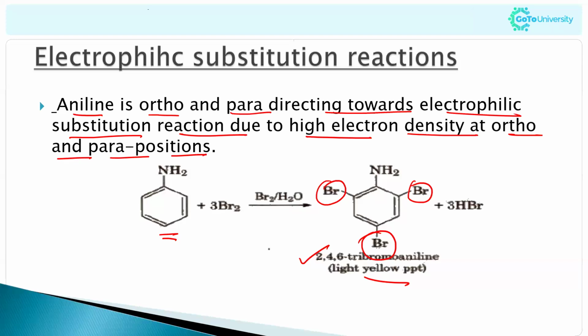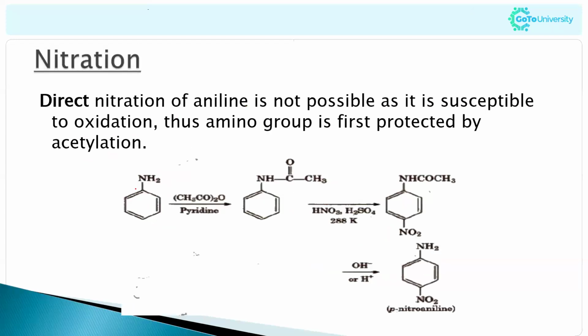Okay. So the next one, nitration. In the nitration also we can see this aniline is undergoing nitration. See, direct nitration is not possible for aniline because it is susceptible to oxidation. So the amino group is first protected by acetylation reaction.